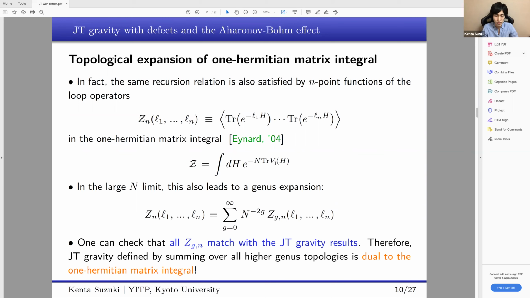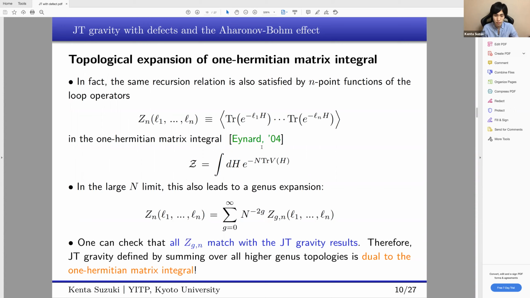For the matrix integral, we define it by this path integral, where we have a random N by N matrix H. We integrate over all elements of this random matrix H with a weight factor given by this expression.